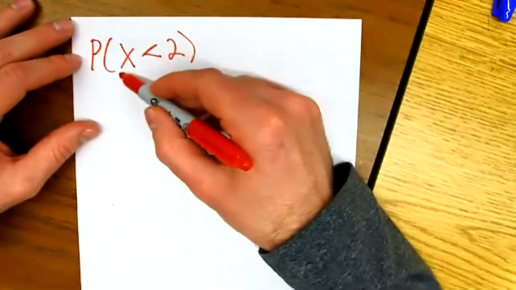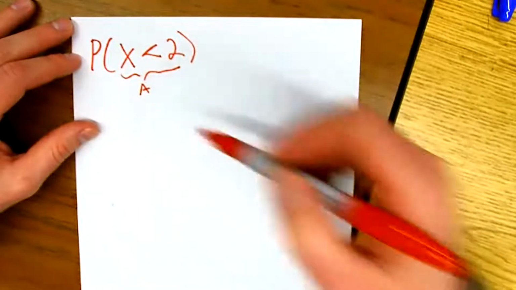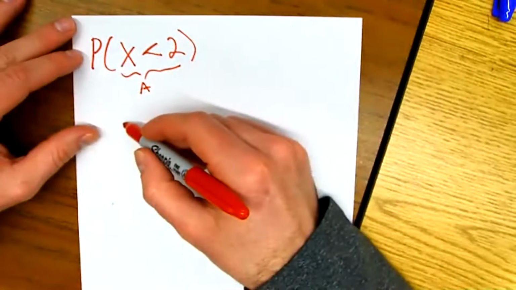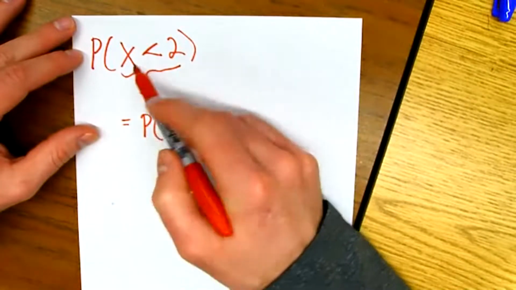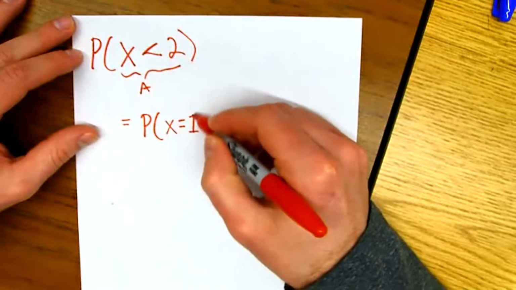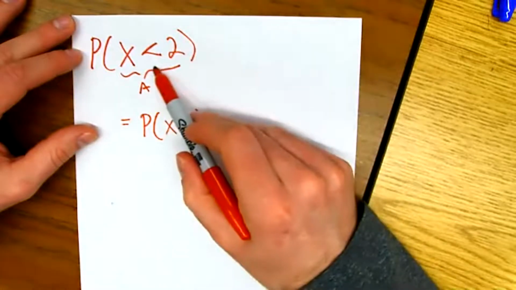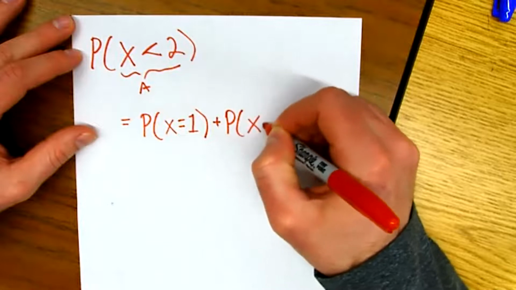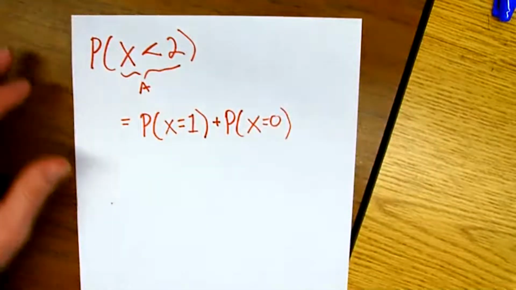Well, this is where we've got event A. What's everything that would meet that criteria? The very first outcome that meets this criteria is X equal to 1, because there's no equality here. Then the next outcome is X equal to 0, and that's the lowest number of occurrences we could see.